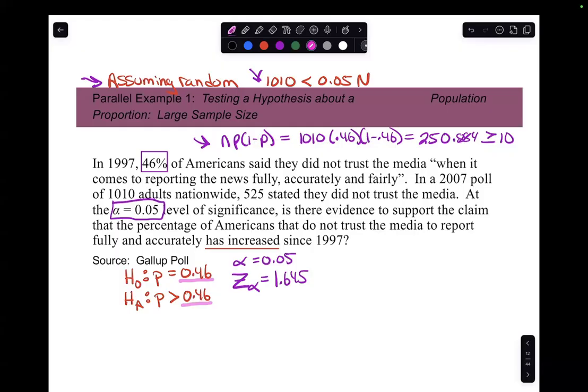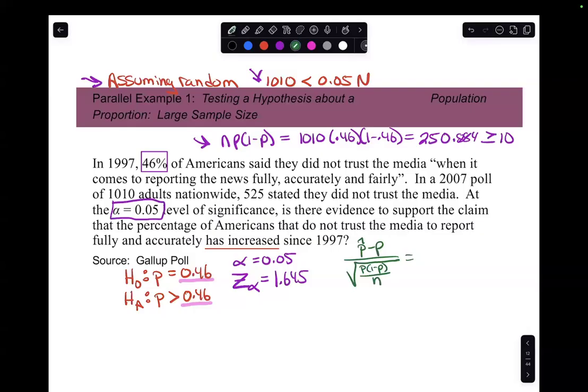I'm going to do it by hand right now, but I'm going to show you the calculator function in a minute. So by hand, remember, it is P hat minus P divided by the square root of P times 1 minus P divided by n. Okay, let me actually show you the math.